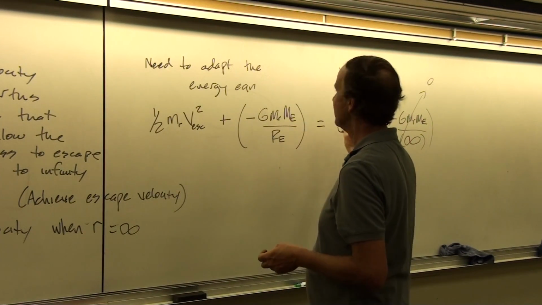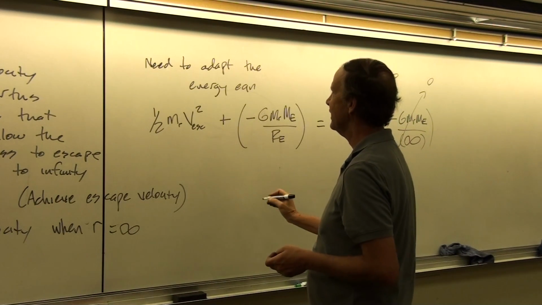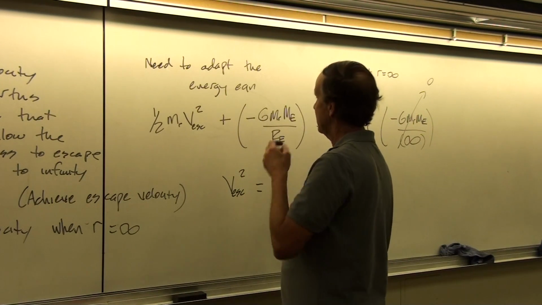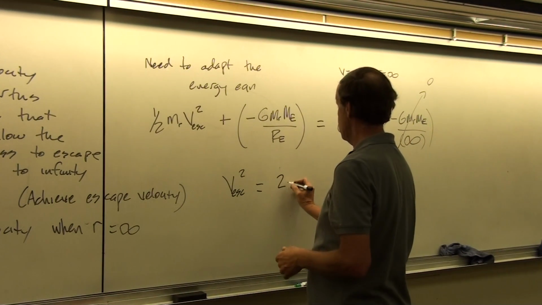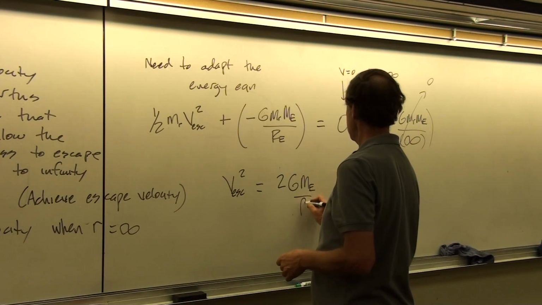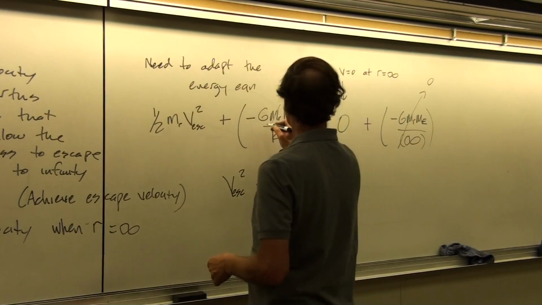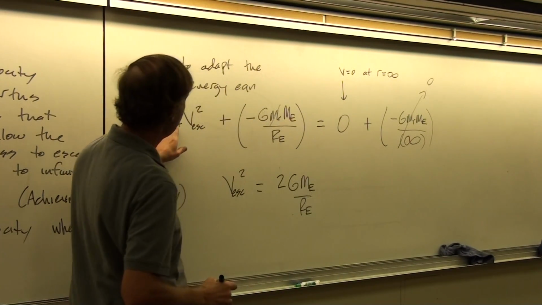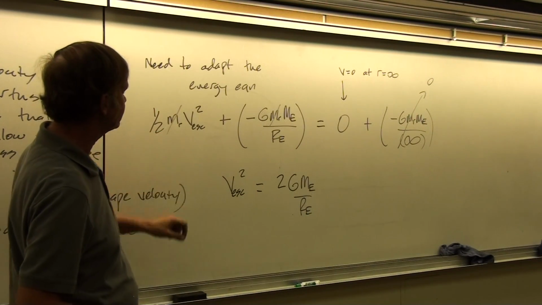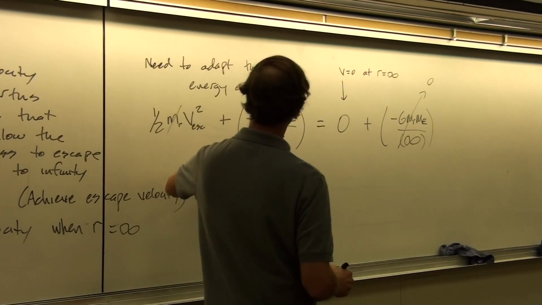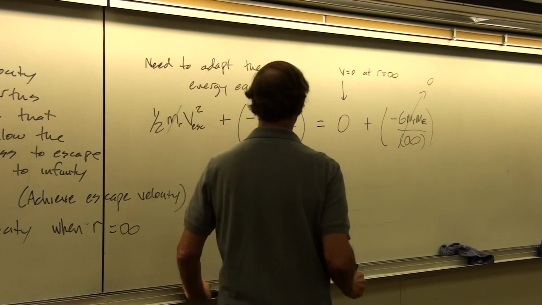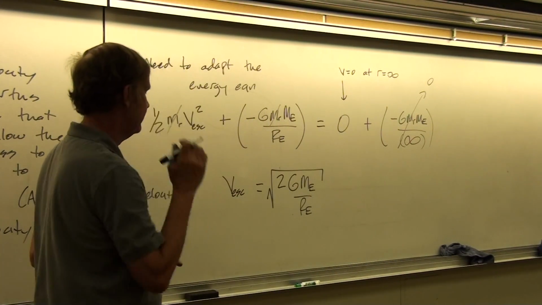So if we bring this term over to the right-hand side and solve for v escape, we get that v escape squared equals 2G me over re. We notice here that the escape velocity does not depend on the mass of the rocket. That's going to cancel out of this equation. And so therefore v escape is just the square root of 2G times me over re.